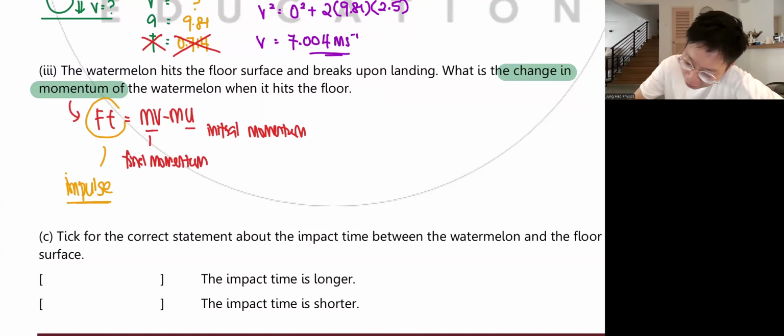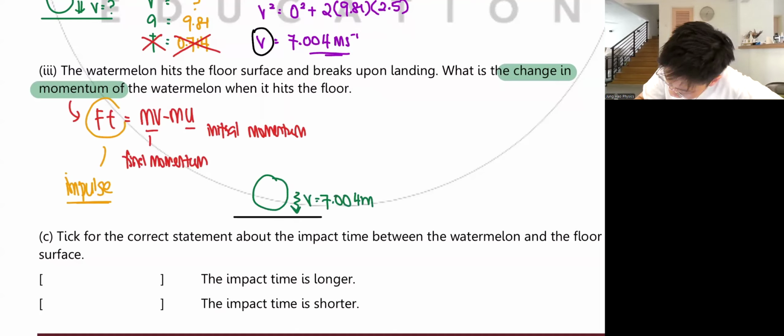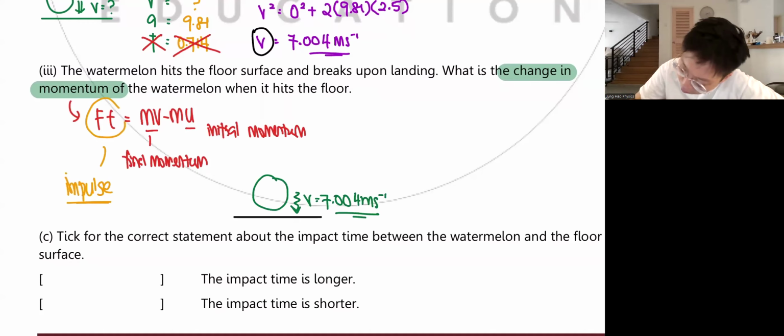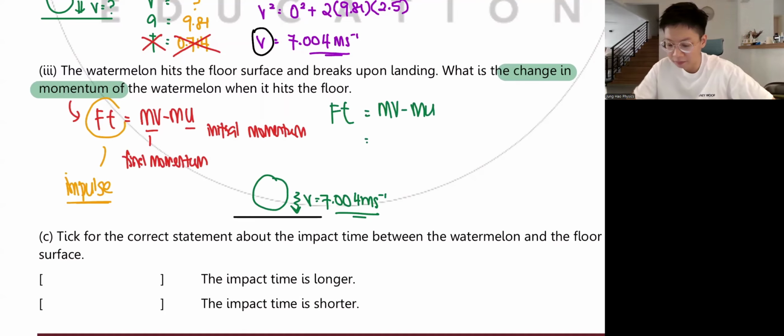So now let's calculate this thing. I already found that the watermelon will crash towards the floor with a velocity of 7.004 meter per second. So what's the change in momentum? Let's calculate the change in momentum, which is mv minus mu. What is the mass of the watermelon?